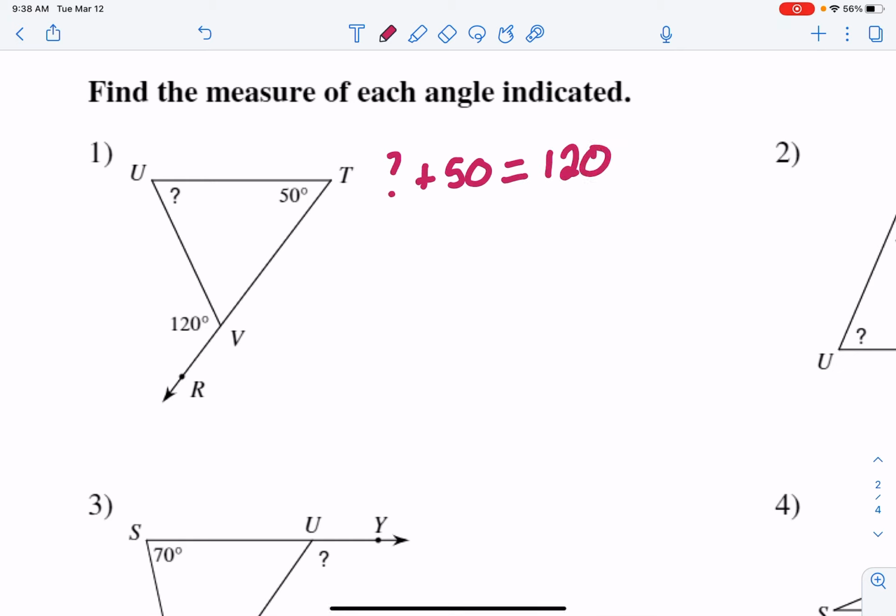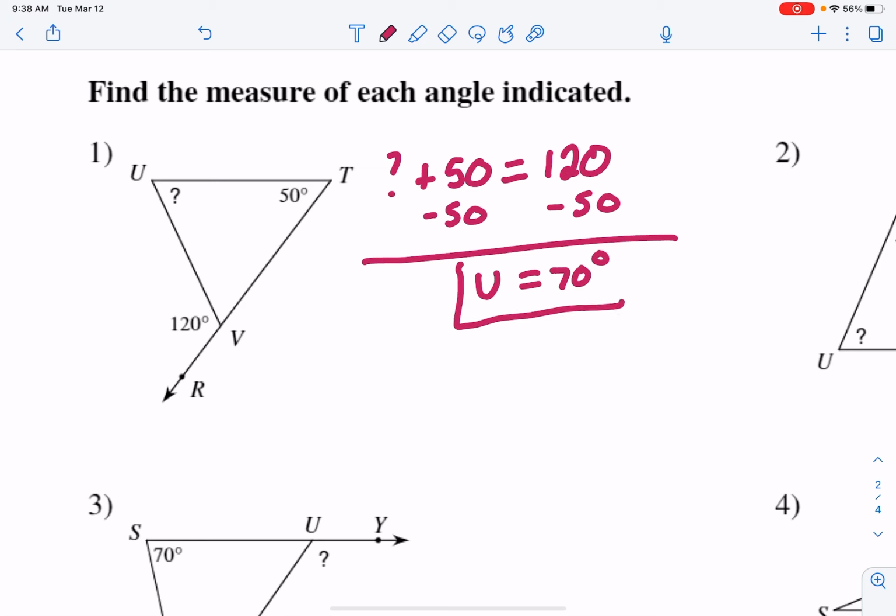So then what does that question mark have to be in order for our exterior angle to equal 120? We're just going to work backwards by subtracting 50 from both sides. And we get that angle U is equal to 70 degrees. All right, and that is our answer to number 1.